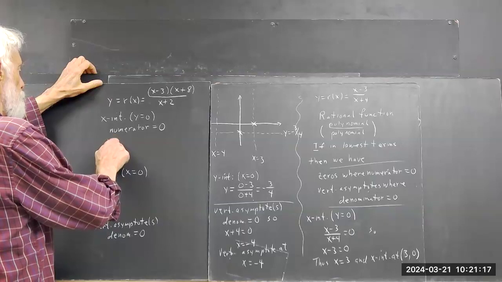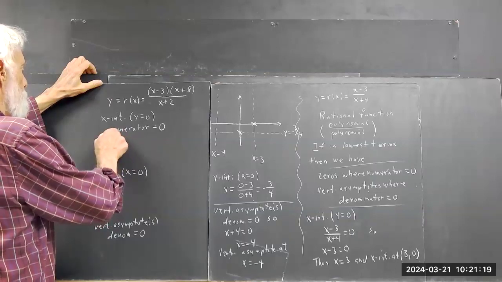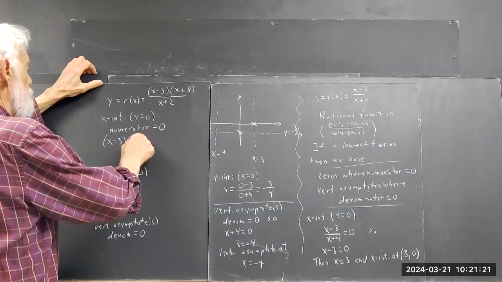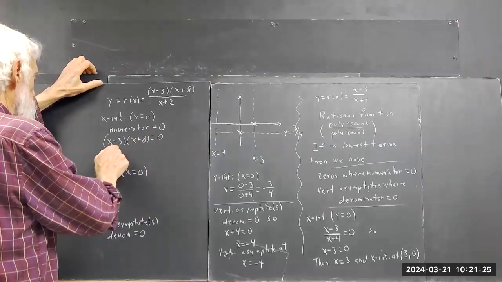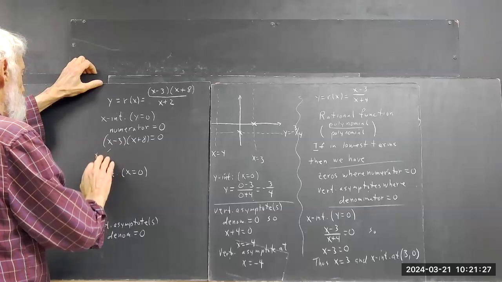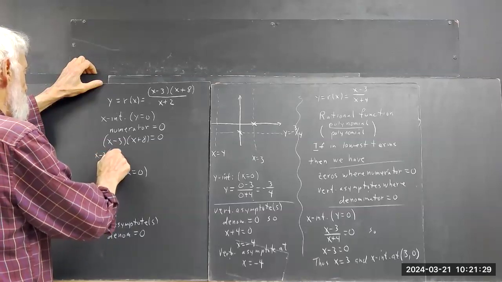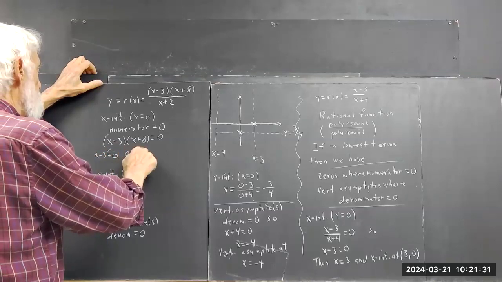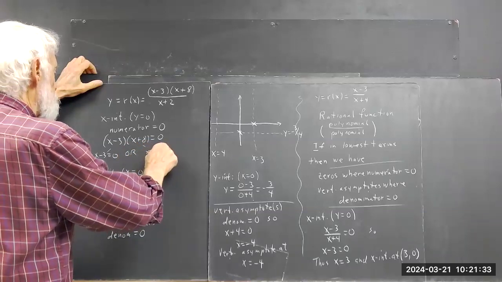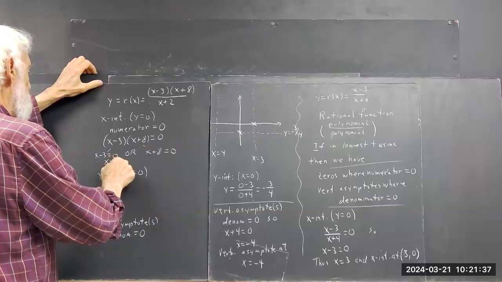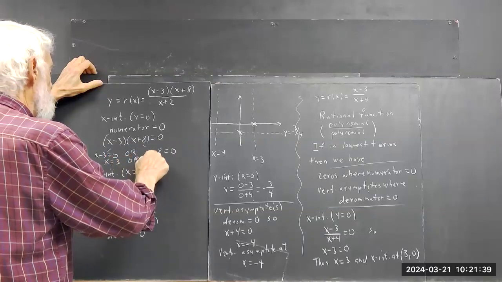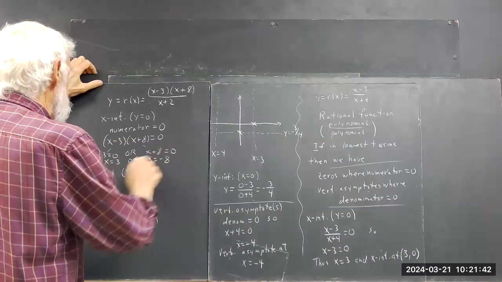So we set x minus 3 times x plus 8 equals 0, which gives us x minus 3 equals 0, or x plus 8 equals 0. So that x equals 3, or x equals negative 8.